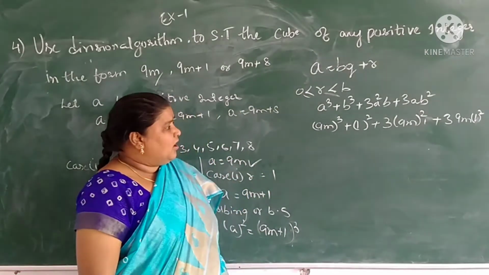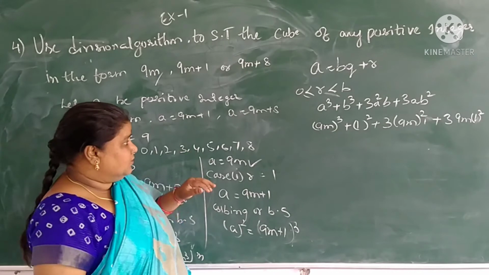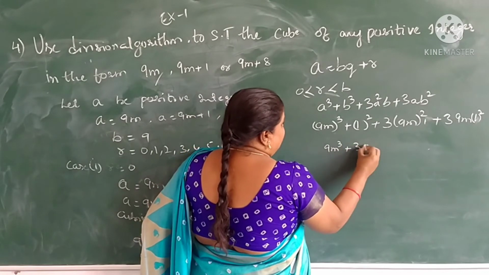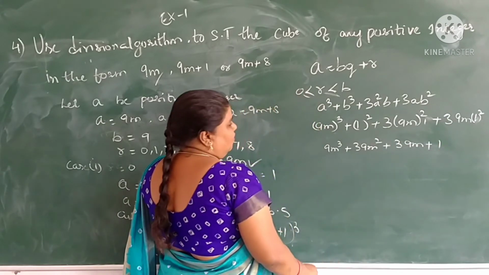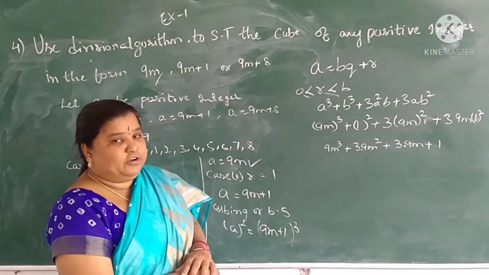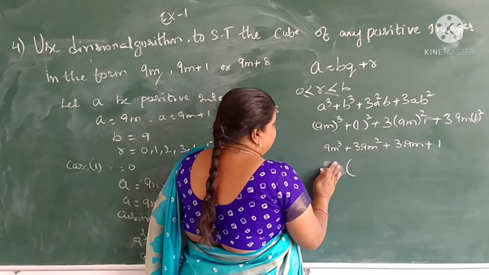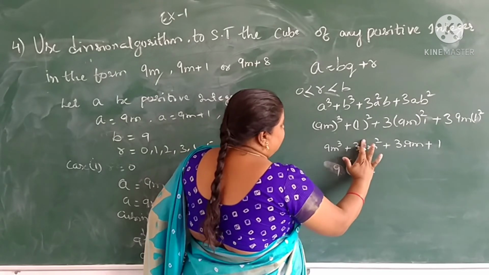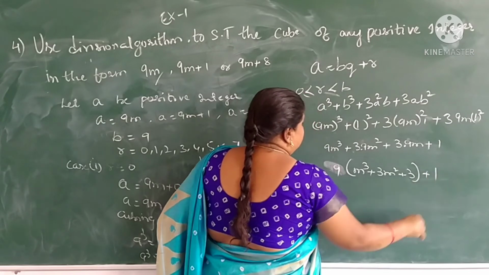Then we take 9 common from all of these: 9 common gives m cube, then 3m square, then plus 3, and then plus 1.